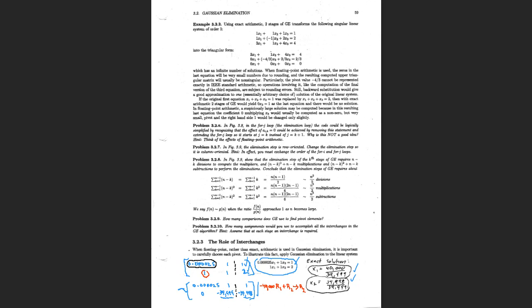Now, let's suppose that our computer is using 4 significant digits for the operations. It's storing 4 significant digits. Well, the 0.000025 is okay, because that's 2.5 times 10 to the negative 5th, so there are 2 significant digits being used there. The 1 is okay, that's 1 significant digit.